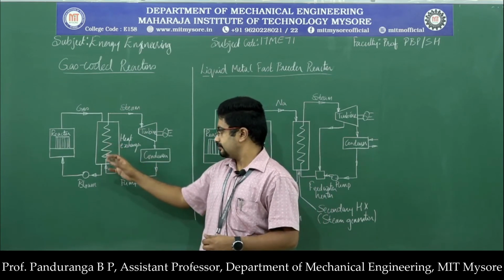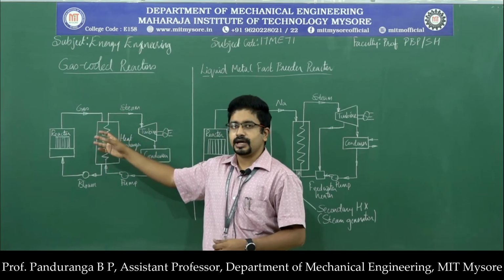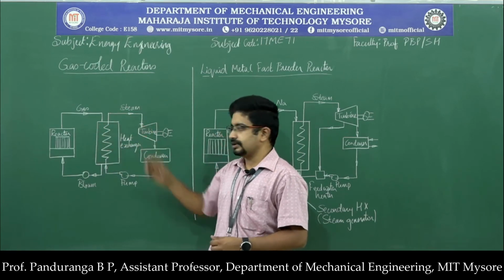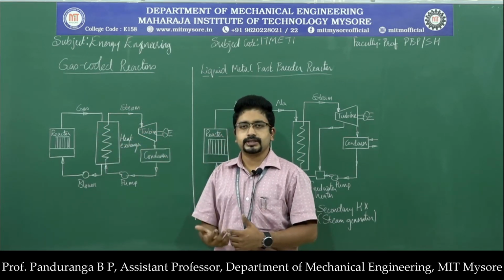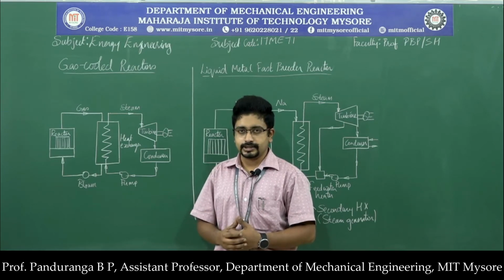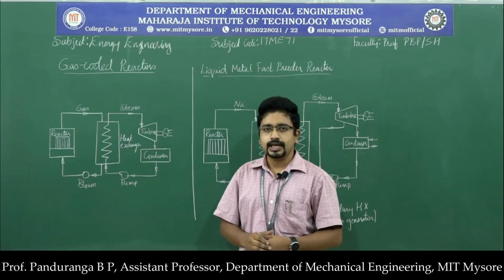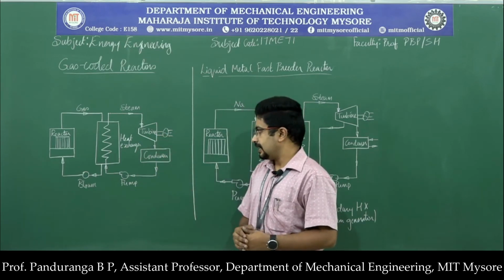So again, the water gets converted into steam, and that steam will pass through the turbine, which converts the heat energy available in the steam into mechanical energy, and that will be coupled to a generator which produces electrical energy.